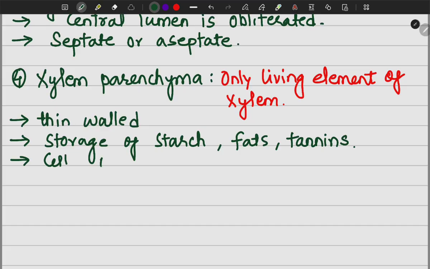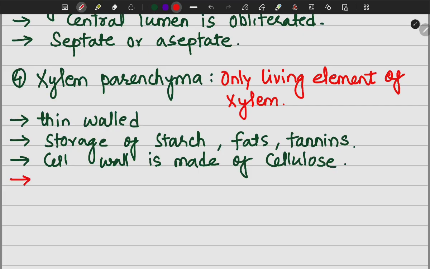The cell wall of parenchyma is made up of cellulose, and the xylem parenchyma helps in radial conduction of water.